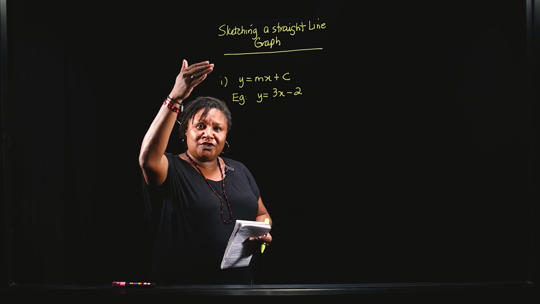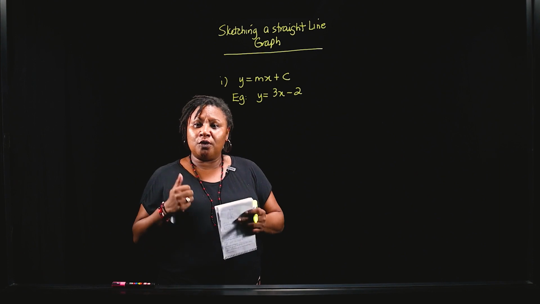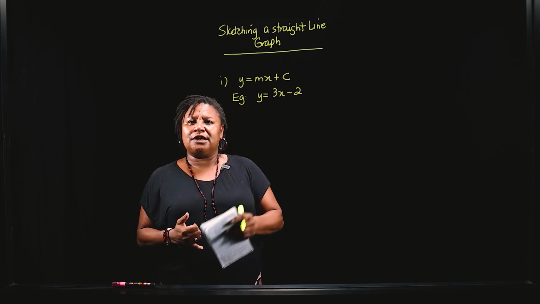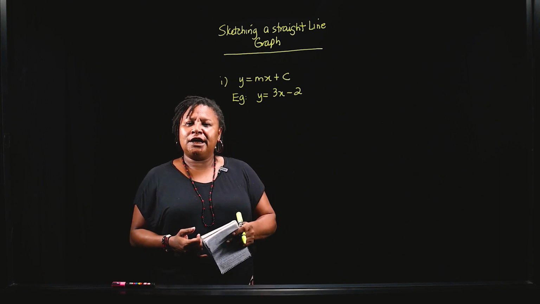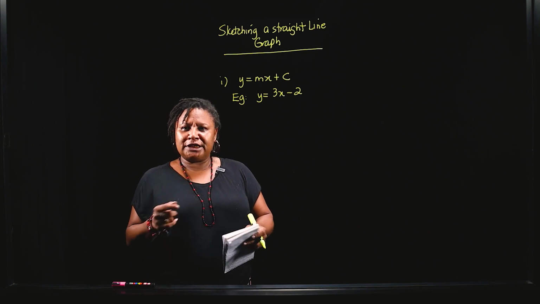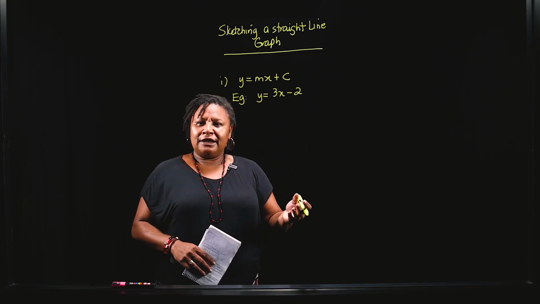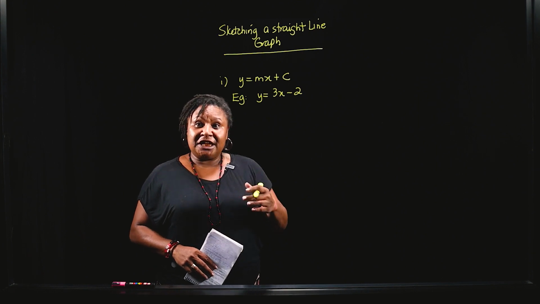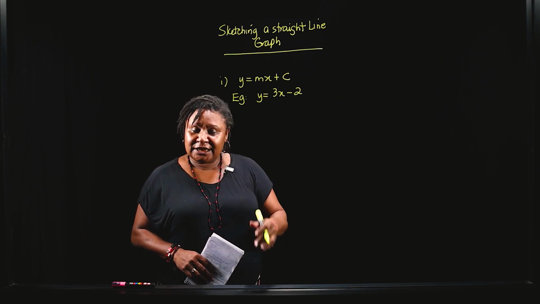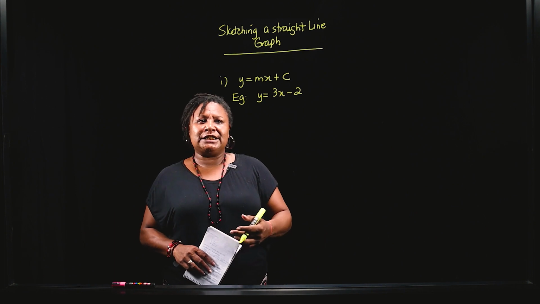When we are sketching a straight line, you always need 2 points on the Cartesian plane so that you can connect those points and form a line. So what we need to find, which is easier to use, of course, would be the x-intercept and the y-intercept.